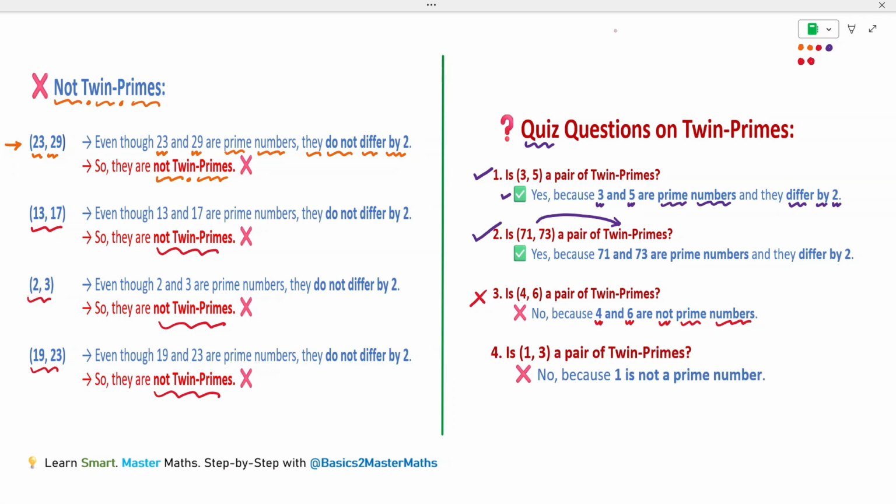Another question: is 1, 3 a pair of twin primes? No, because 1 is not a prime number. Got it?